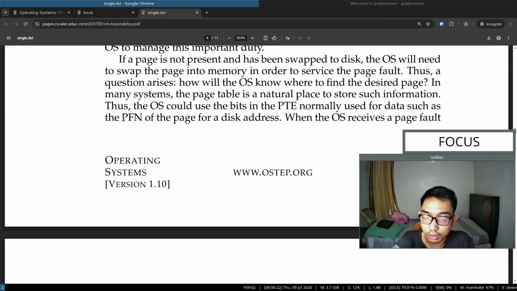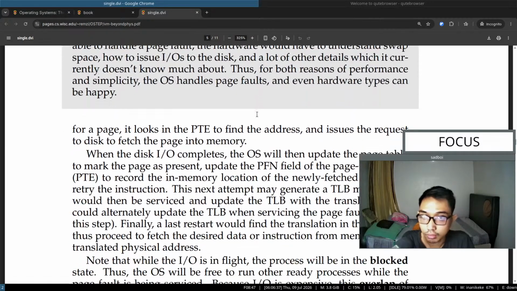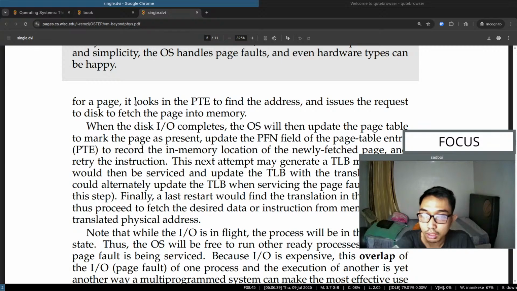So yeah, that is a new concept, I guess, for me, using the page frame number of the page as a disk address instead of a memory address. Okay, it looks in the page table entry to find the address and issues the request to disk to fetch the page into memory.